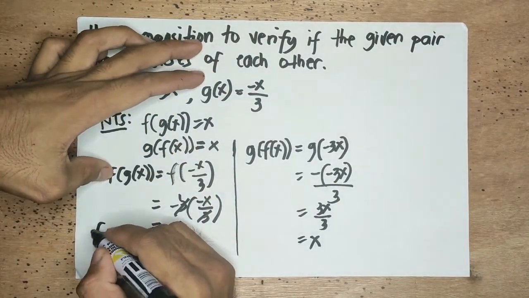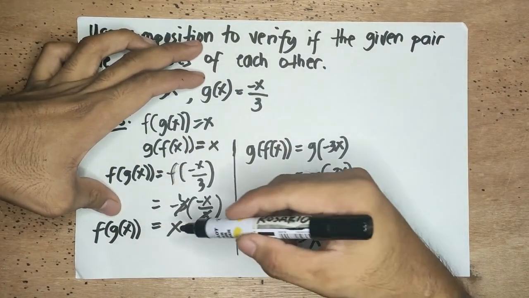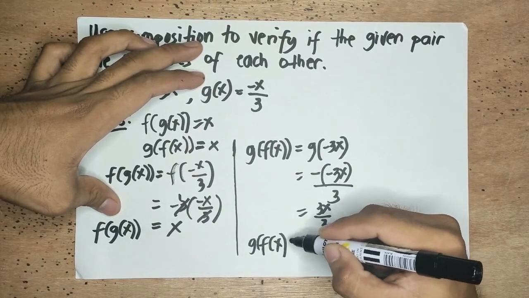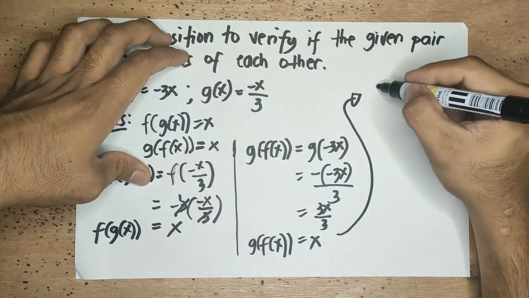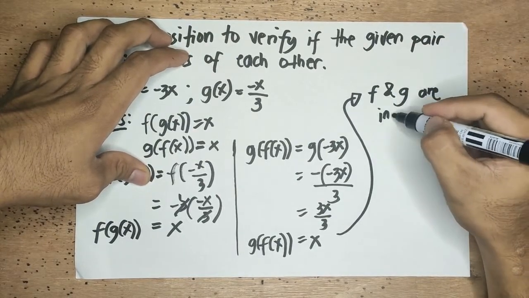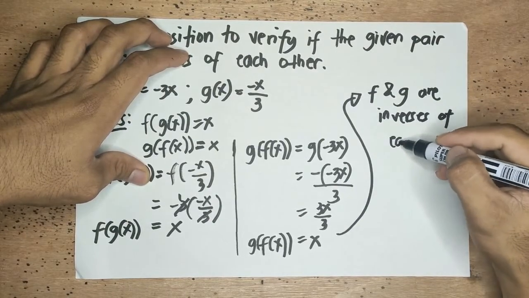Okay, so since na-prove natin, naipakita natin na f of g of x is equal to x at yung g of f of x is also equivalent to x, we can say that f and g are inverses of each other.